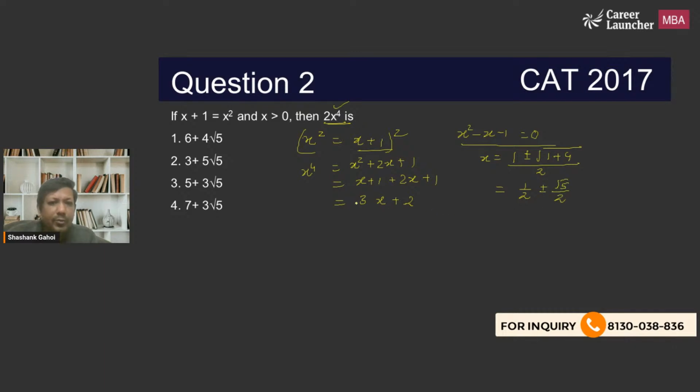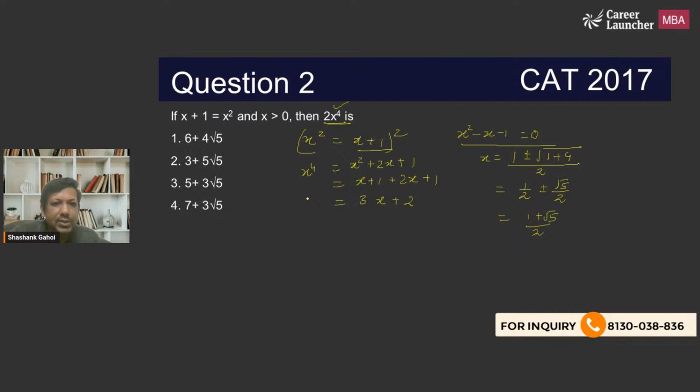Okay, so I'm just going to plug in over here, and we can't take negative over here, because if you see, all the options are positive. So basically I can say that it is going to be 1 plus root 5 upon 2.